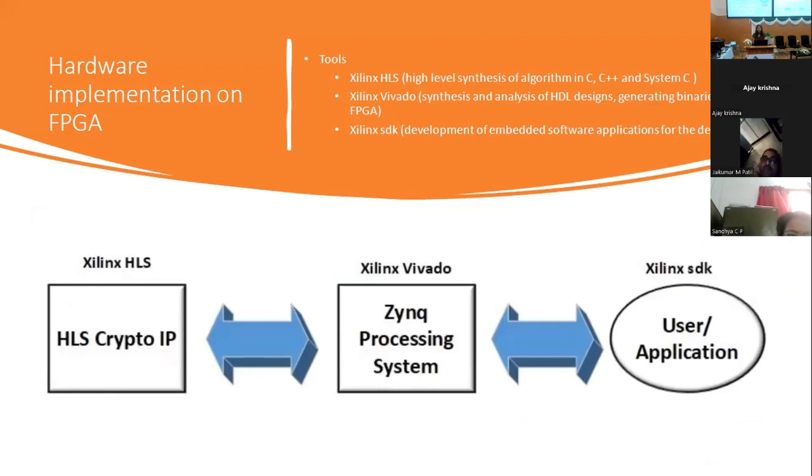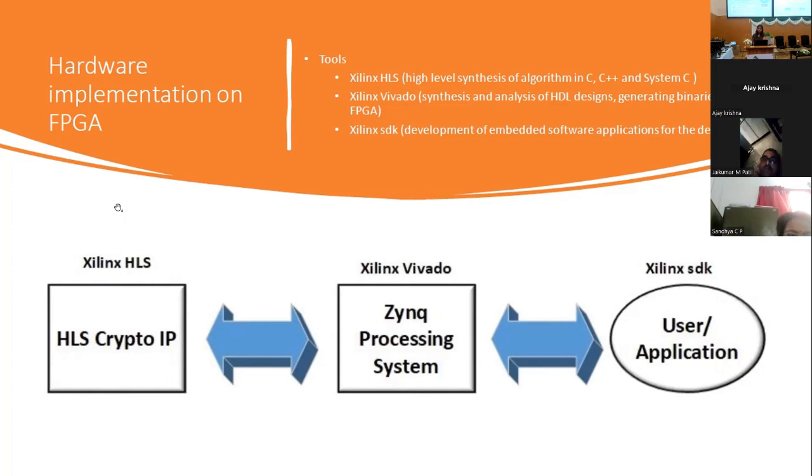There are many companies that manufacture FPGA. Xilinx is one among them. Xilinx manufactures FPGA, and we also get software. I'll introduce you to three softwares: Xilinx HLS, high level synthesis; Xilinx Vivado; then Xilinx SDK, software design kit, last one.